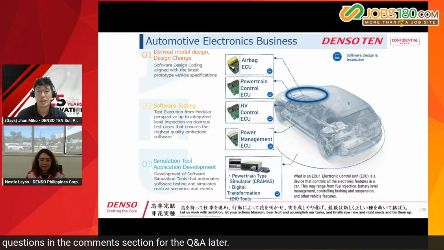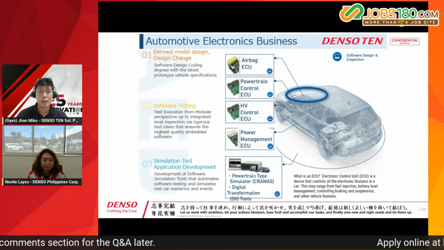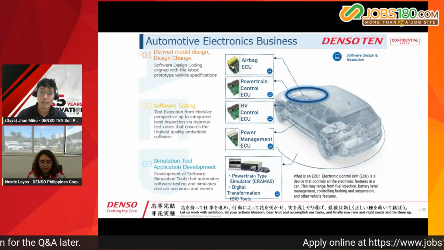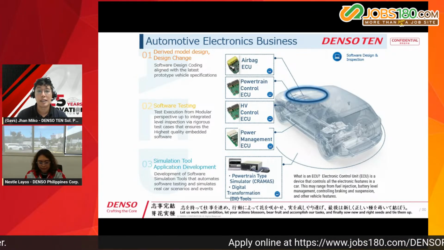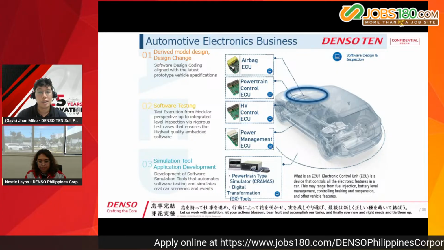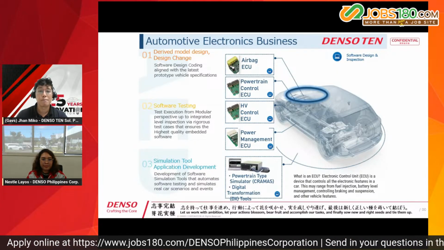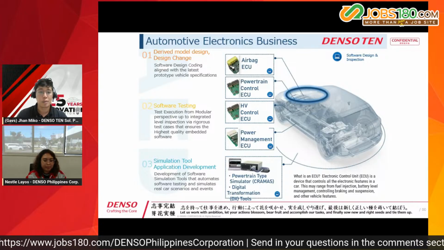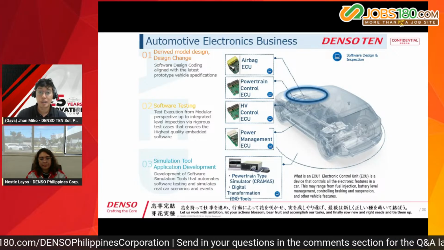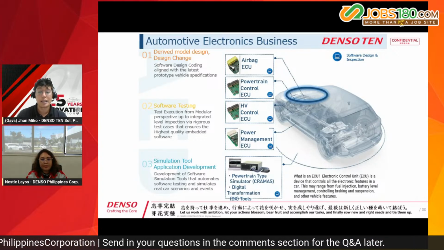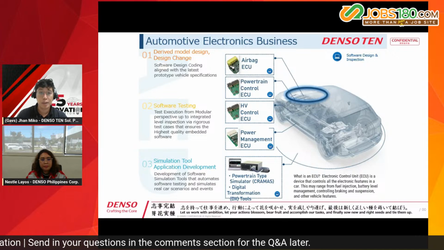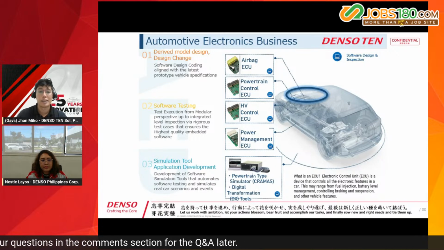So what is an ECU? Vehicle ECUs are commonly called control boxes or computer boxes inside the car. These ECUs regulate and control the operation of the systems inside the cars. There are numerous ECUs, most of them hiding in the hood, inside the dashboard, or inside the vehicle body.